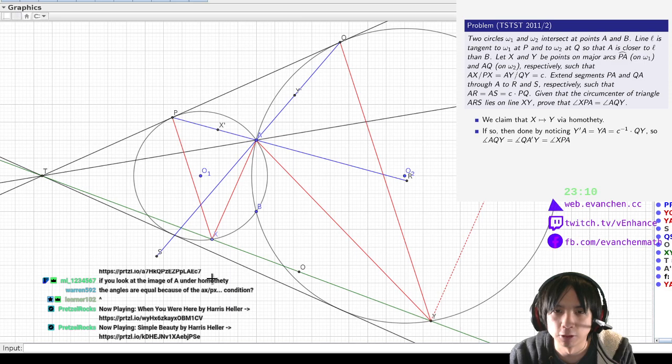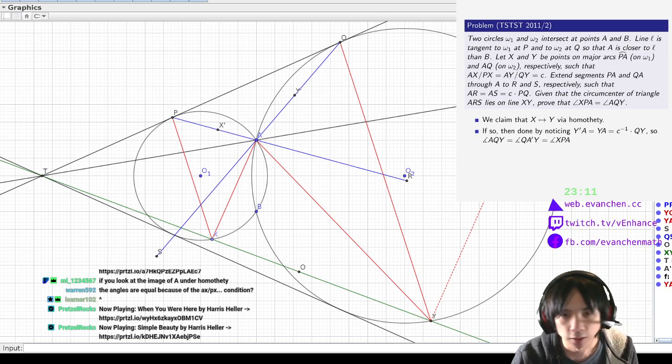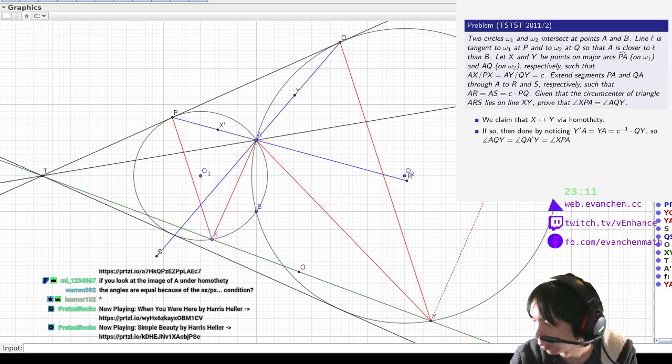So there's a spiral sim, right? XP, like XAR is equal to, yeah, we have an unconditional spiral sim actually. I don't know how I didn't see that earlier. Like we always have directed angle XAR is equal to XAP is equal to angle XPQ.